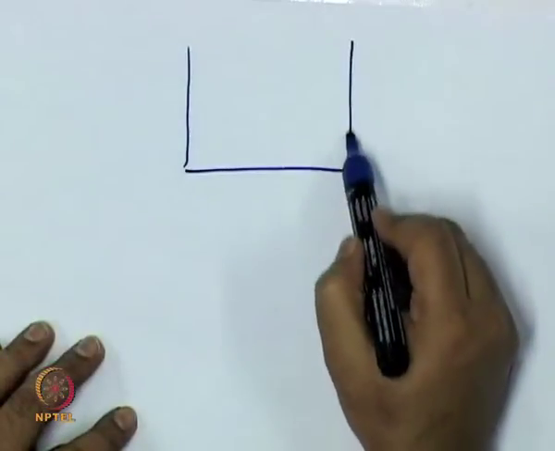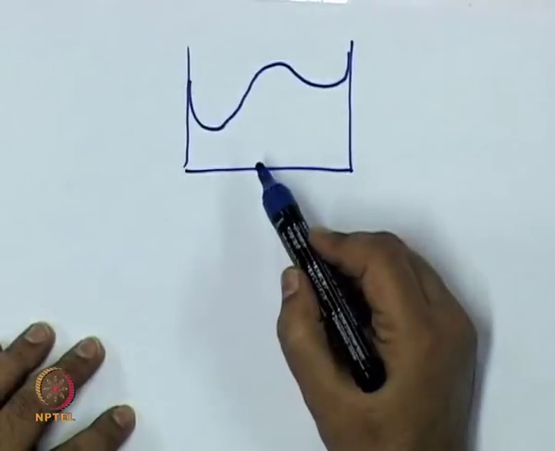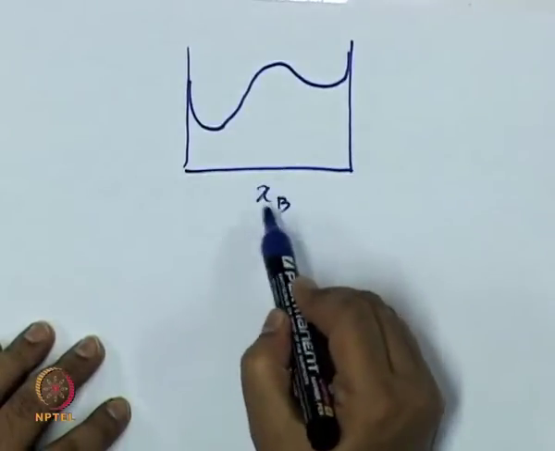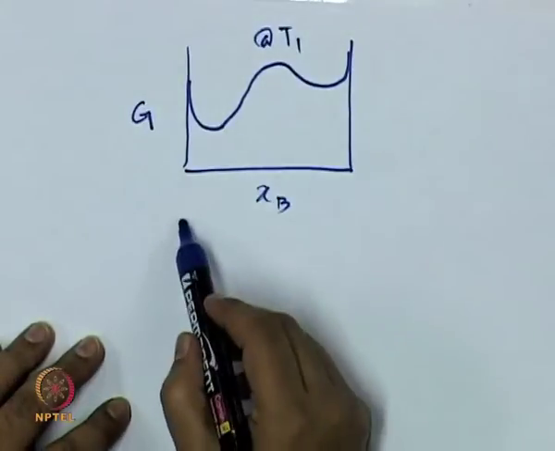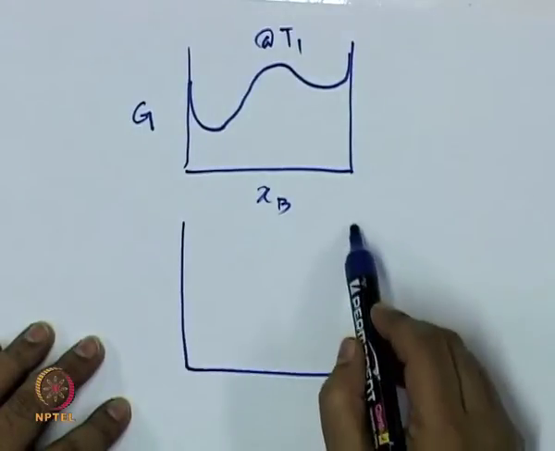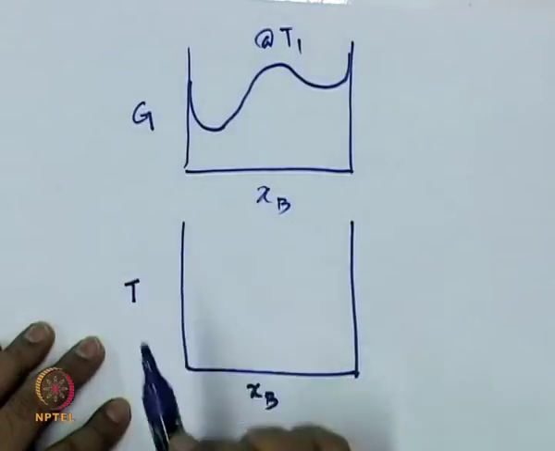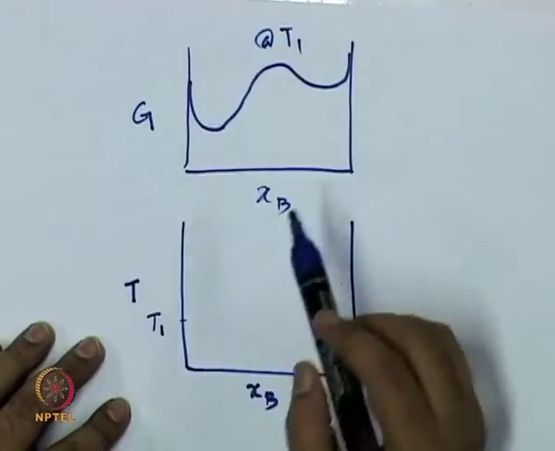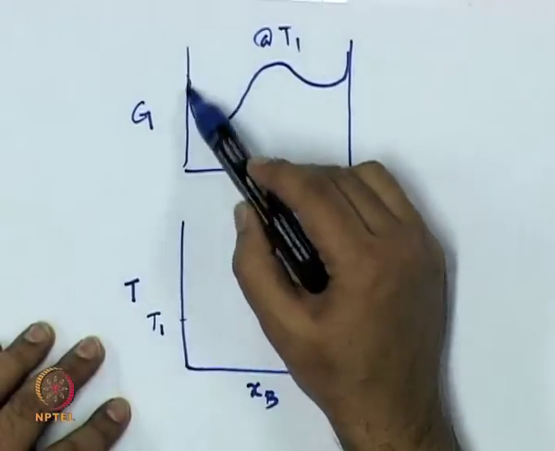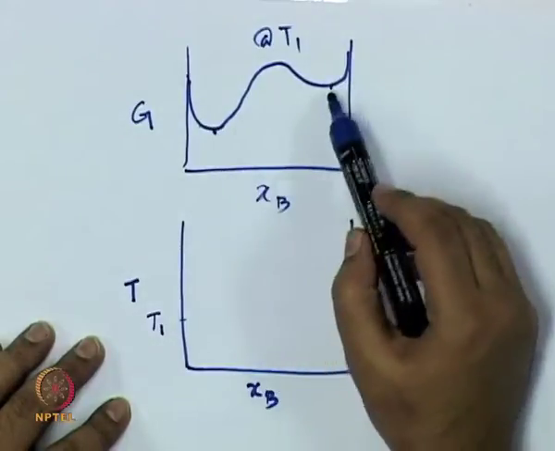So, let us take a closer look at the phase separating system free energy. So, it had a free energy which was like that. Okay, so, this is x b versus G at some temperature T1. What we want to derive is basically a phase diagram which has x b versus temperature. So, T1 is somewhere here, that is T1. Okay. At T1 in this system, what happens is that up to this point and up to this point here, how do I identify this point?